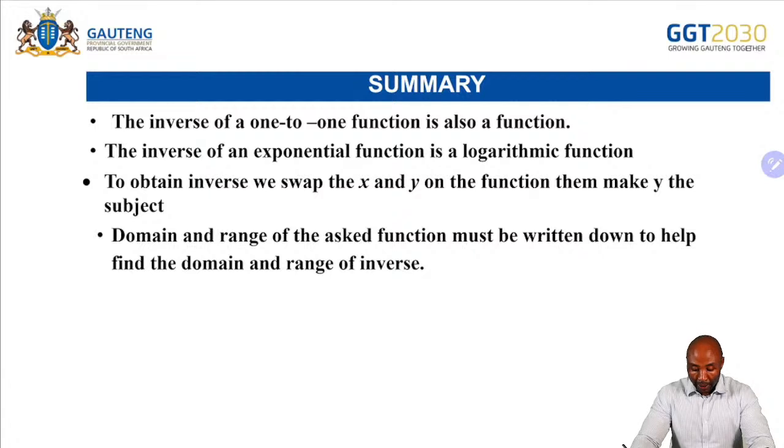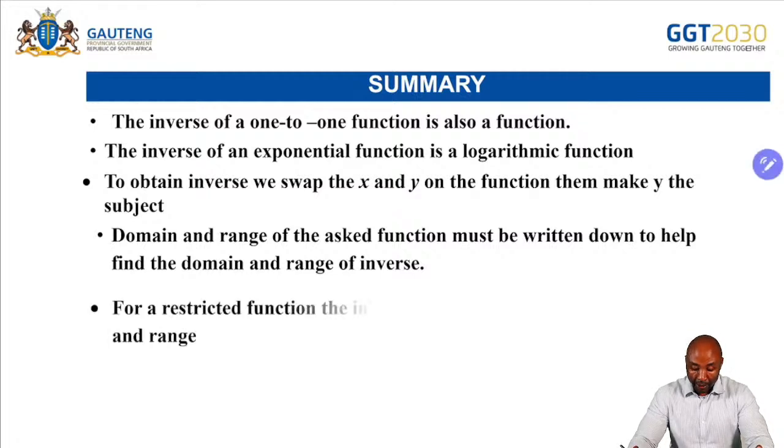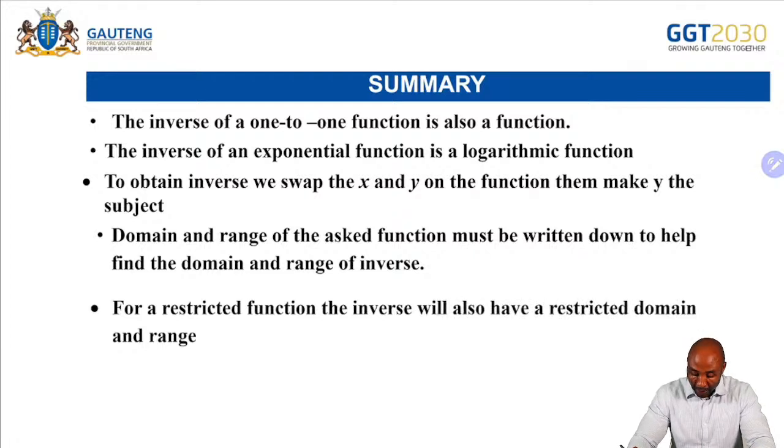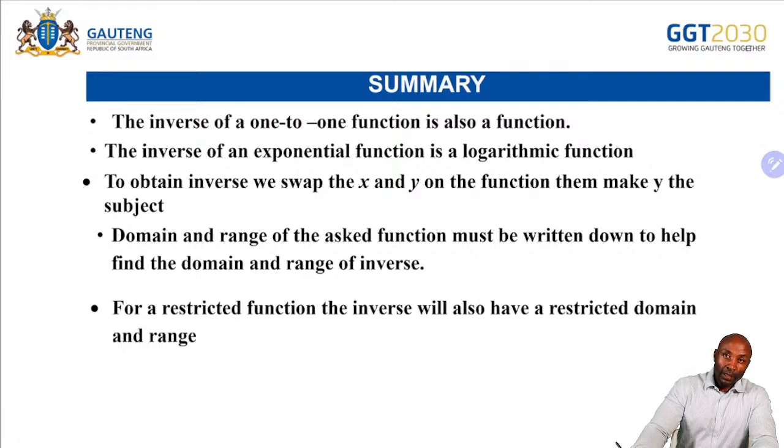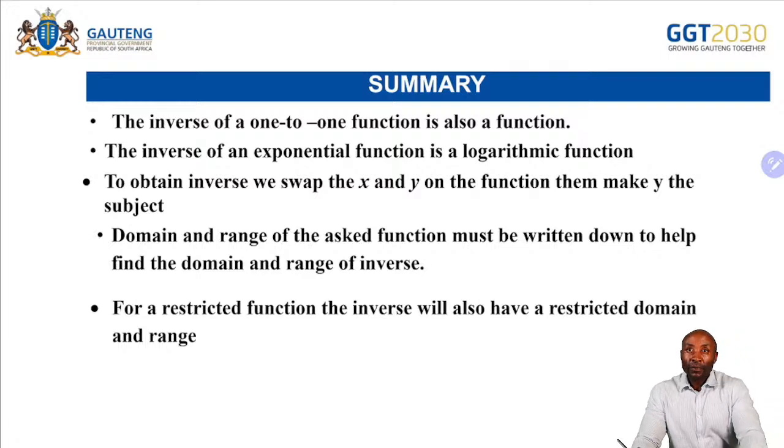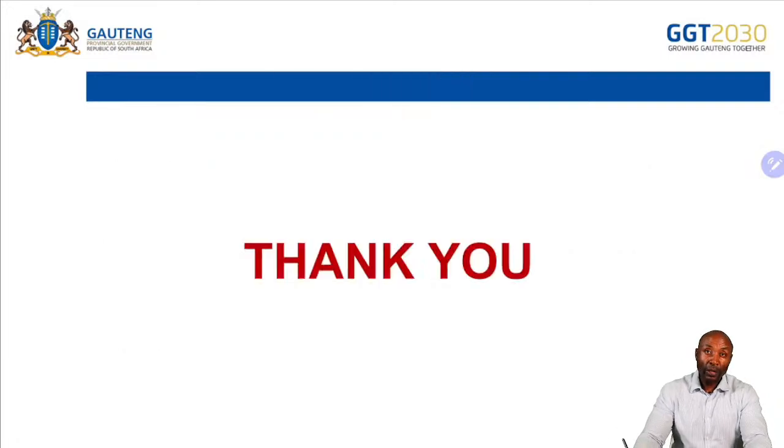The domain and range of the original function must be written down to help find the domain and range of the inverse function. We are also going to be dealing with restricted functions. We know that for a restricted function, the domain of the original function becomes the range of the inverse function. And we should be able to determine those whenever we are working with our functions.